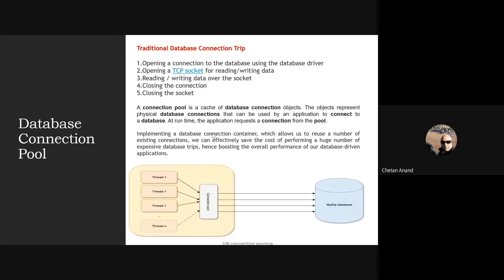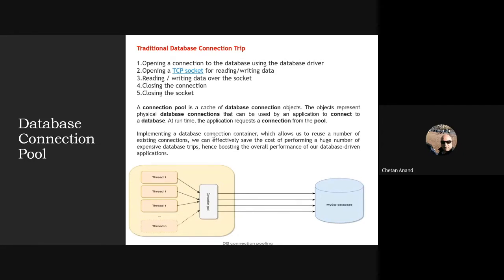You can't afford to open the connection every time like that. A typical connection may take 200 milliseconds. You don't care; 200 milliseconds is nothing, it's not even a quarter of a second. But when you are running several million transactions across the network with so many people accessing, you cannot afford it. So you will have to go through a connection pool. What do you mean by connection pool?